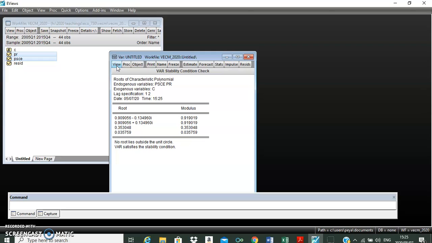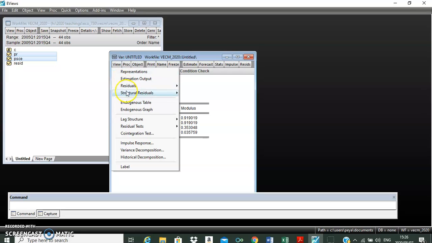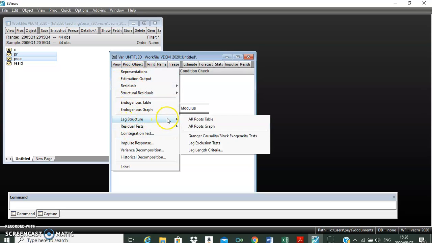If you have tested from unit root test, lag length, lag exclusion, the diagnostic tests, heteroscedasticity, normality, and autocorrelation, and then the VAR stability, then the last step is testing for co-integration. Again, you just go to View. This is where you do all your other tests.